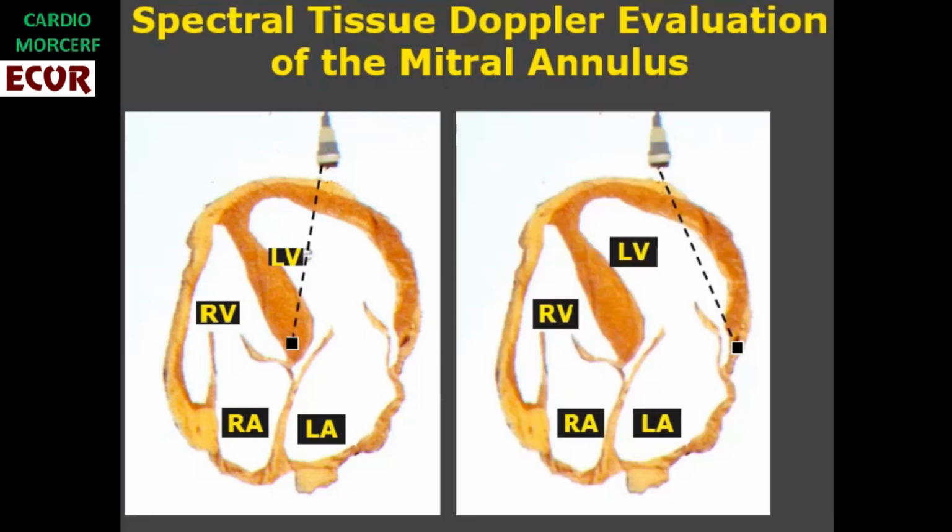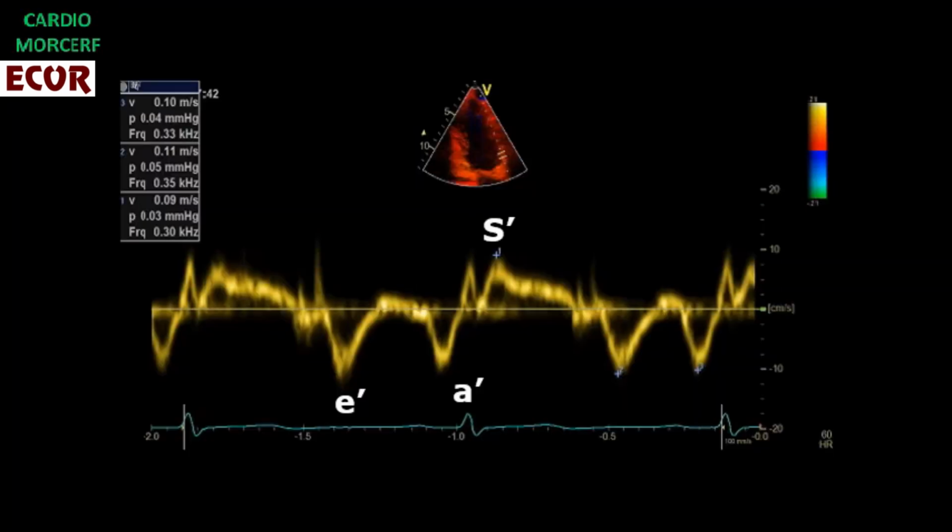What we study with spectral tissue Doppler is the velocity of this region toward or away from the left ventricle apex, or better yet, toward or away from the transducer at the apex. During systole, the basal region of the left ventricle is pulled by the ventricular contraction in the apical direction. Then we see a positive velocity in the tracing going up in the transducer direction, the S' wave.